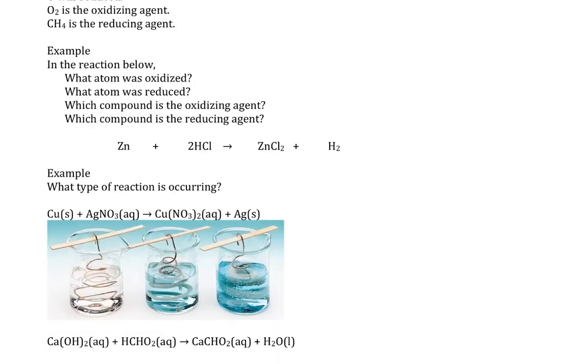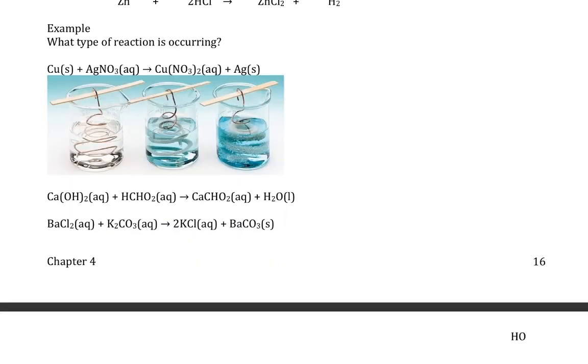Our last example is to determine what types of reactions are occurring. So in our first reaction, we have copper plus silver nitrate forming copper 2 nitrate plus silver. And actually what that looks like is copper metal being put into a solution of colorless see-through silver nitrate.